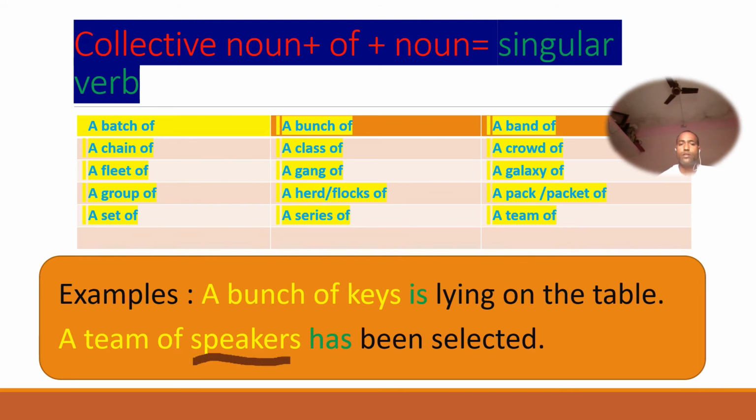Here, speakers, like kids, right? But it has been selected. A team of speakers. Many speakers are there, but it has been selected. After a collective noun and of and again a noun, that will still be plural, but we have to use a singular verb.